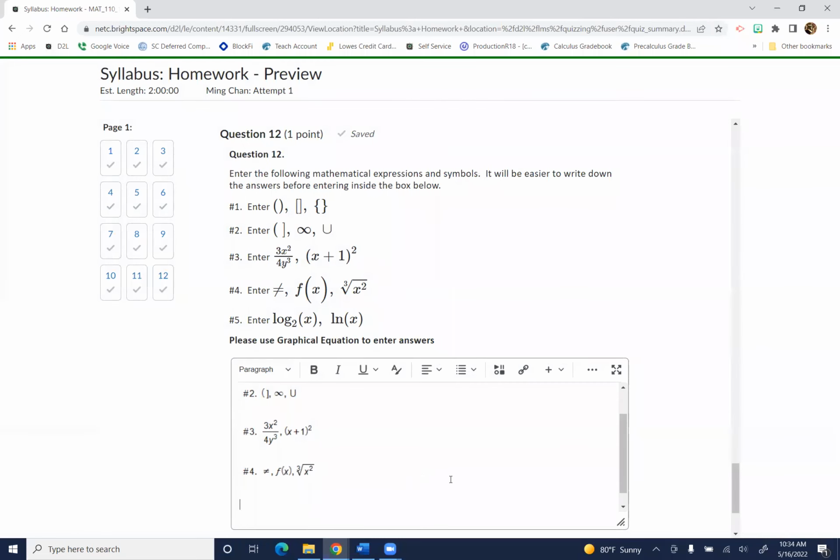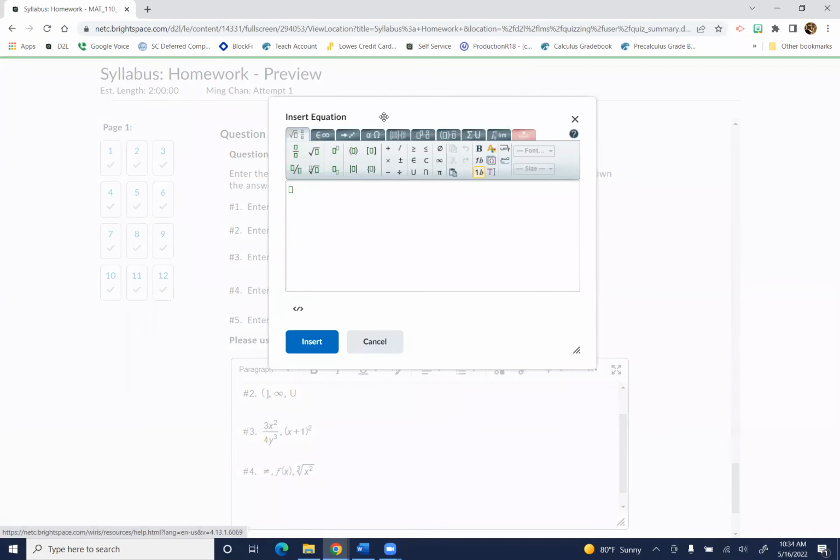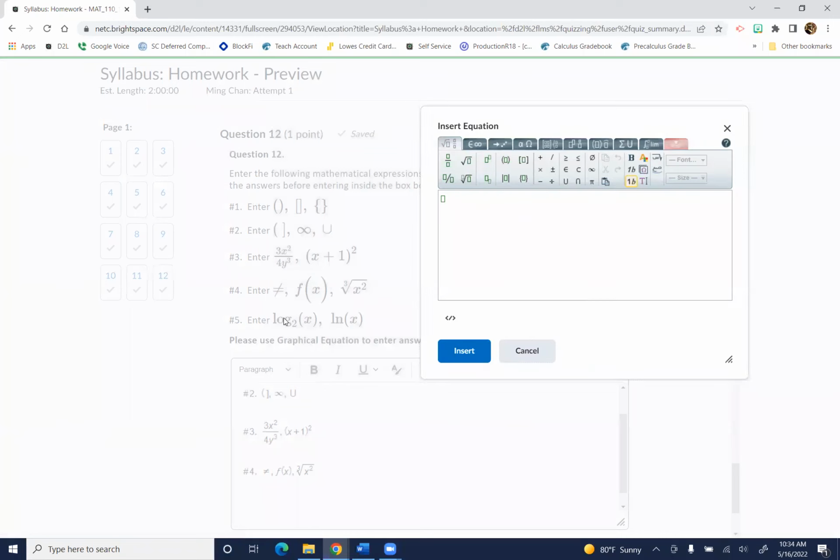All right, enter number 5. So toward the end of the semester, I will ask you to enter logarithm and natural log. So that's what these two are. So logarithm, natural log is actually under a different tab.